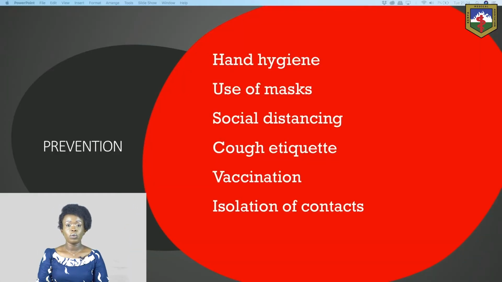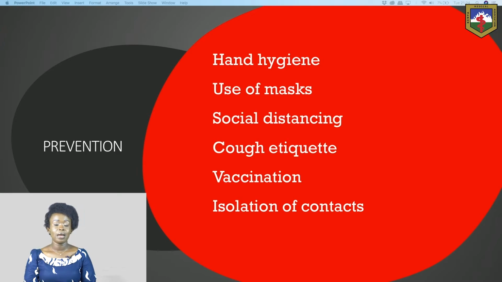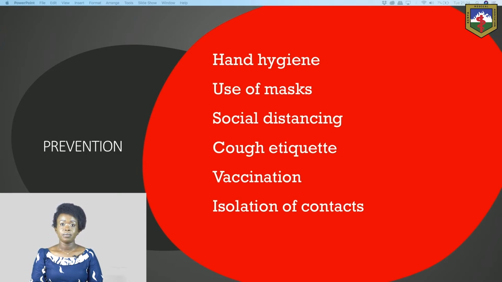We have been practicing social distancing, and this is encouraged for children to be able to observe distancing to minimize exposure from possible contact. Then cough etiquette is one of the measures, especially for the adults who are living among the children, who need to make sure that they observe cough etiquette. A very important method of prevention is vaccination.